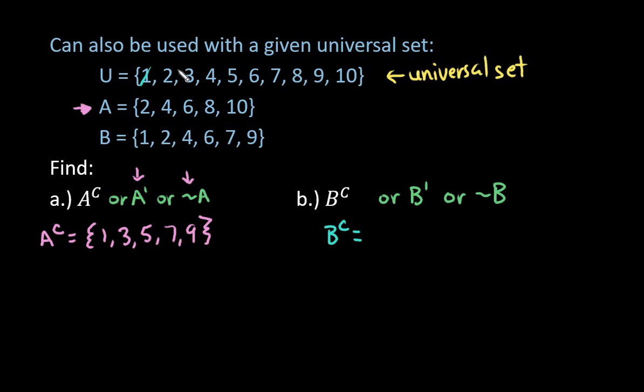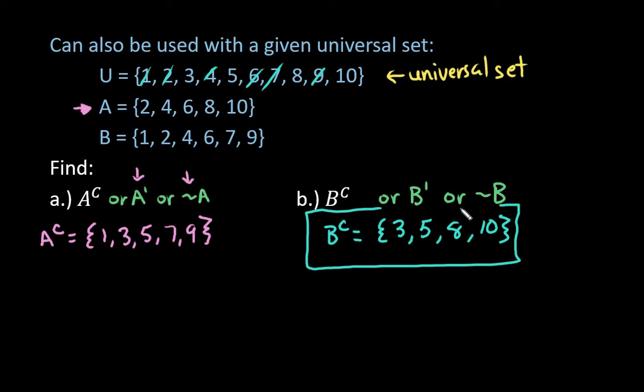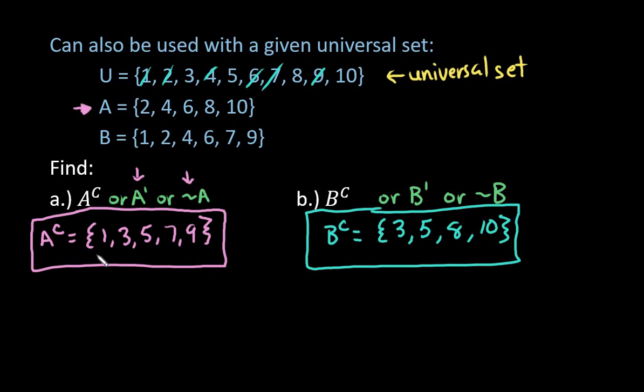If it helps, you can always go through and cross out: 1 and 2 are there, 3 is not, so that's the first thing that I would write down. 4 is there, so we would cancel that one out. 5 is not in B. 6 and 7 are both here, so we would cancel those out. So we would have 8, we would cancel out 9, and we would be left with 10. These are all of the values that are in our universal set that are not in set B. And for the previous one, these were all the values that were in the universal set, but not in set A.